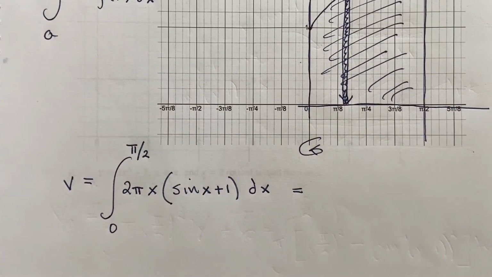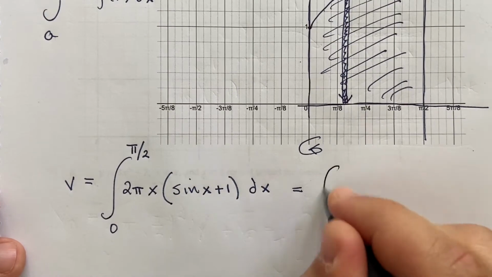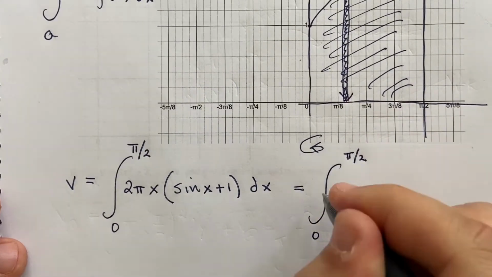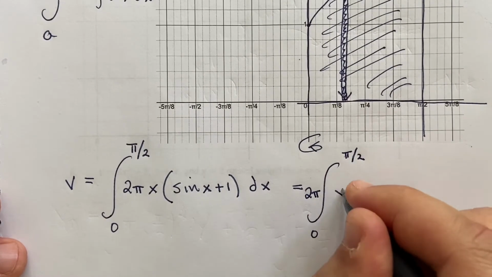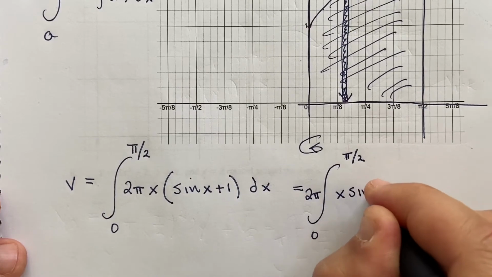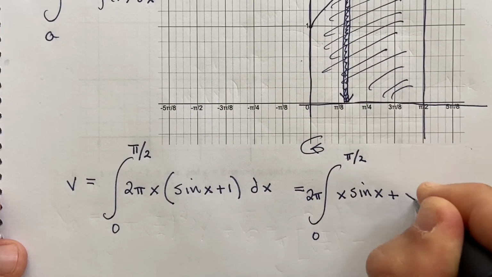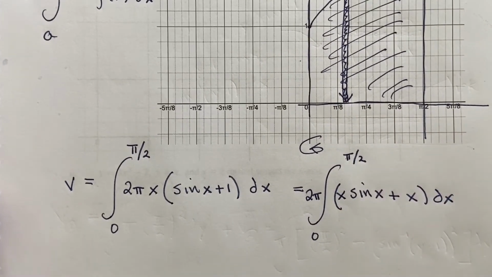So, we can now write this integral from 0 to pi over 2. Maybe I'll bring the 2 pi out front. Distributing the x, I have x sine x plus x, and then this would all be with respect to dx.